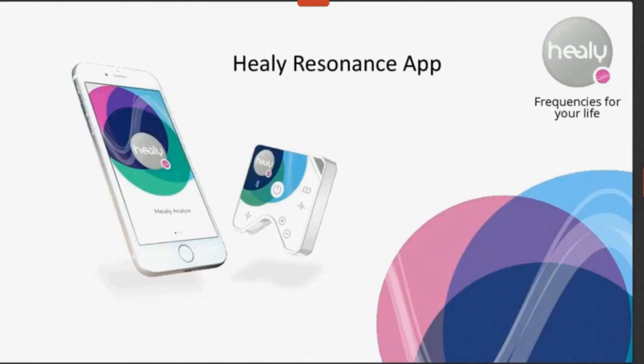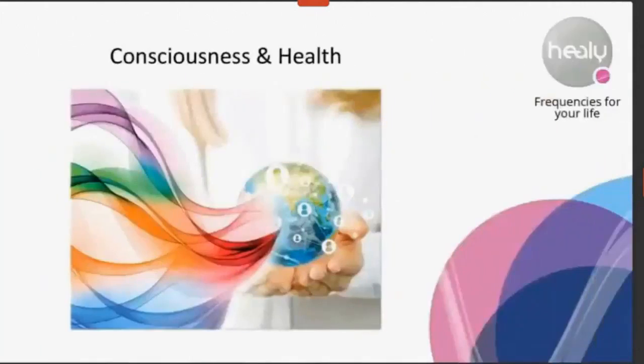Because with the second app, you can send the impulse, or I would say the information about, let's say, a Bach flower remedy into the information field of a person, of a client, or of yourself, right?